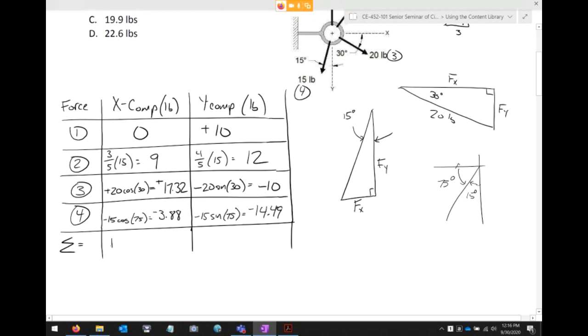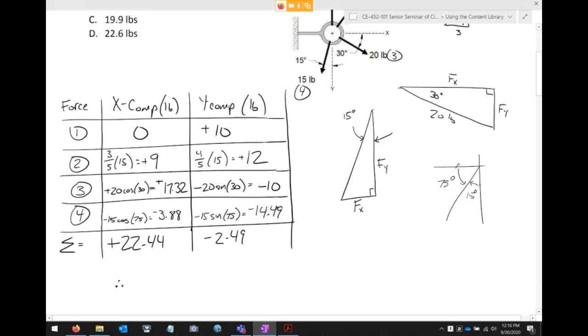I get positive 22.44. On the y component, 10 plus 12 minus 10 minus 14.49, I get minus 2.49. So that tells me that the resultant is in the fourth quadrant because it's positive x and negative y.